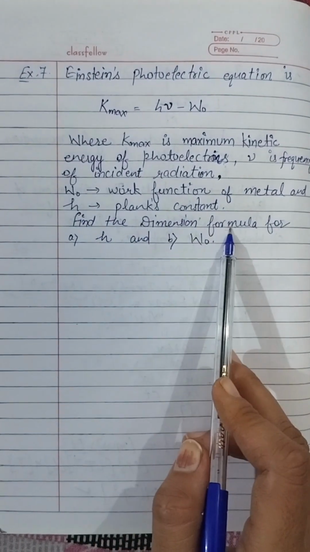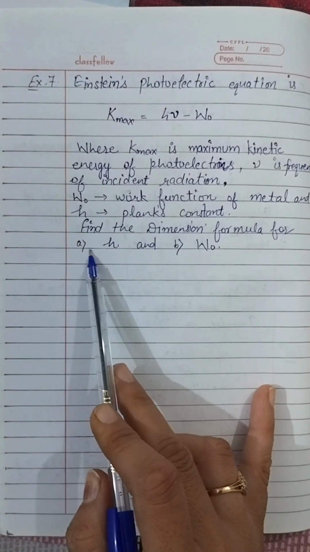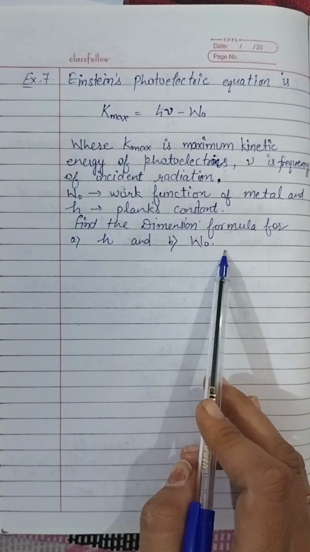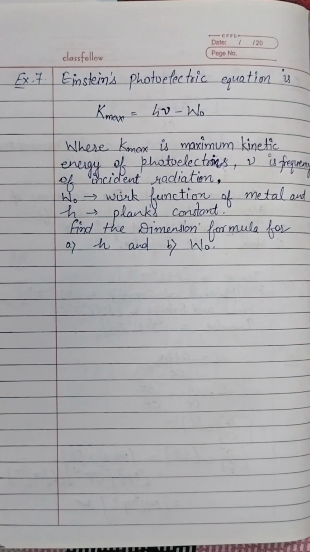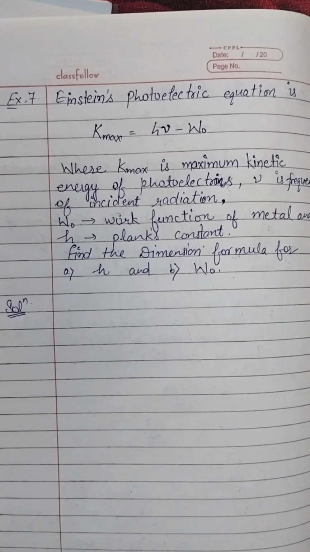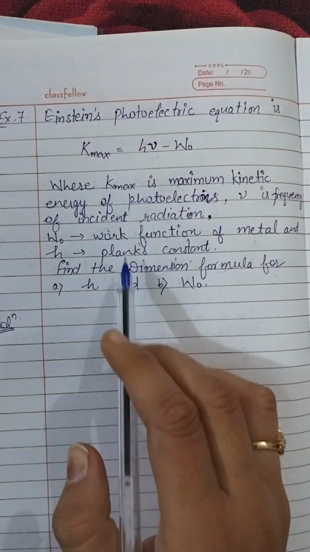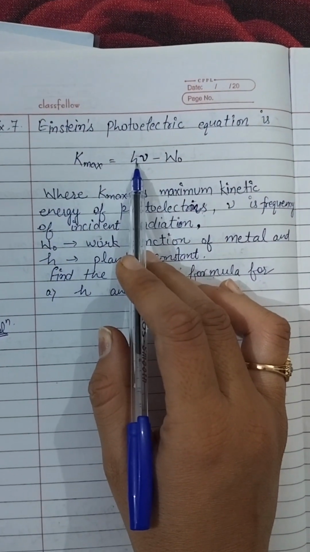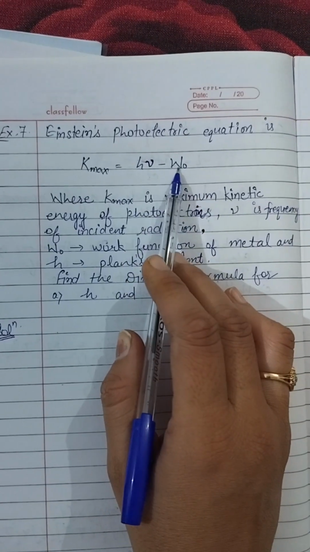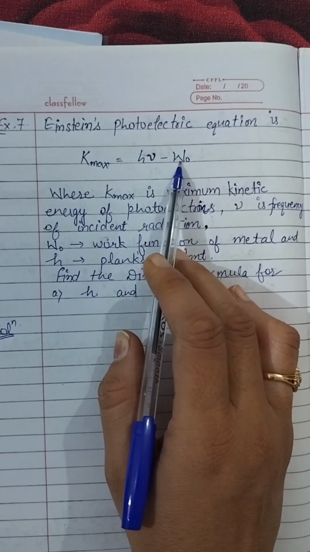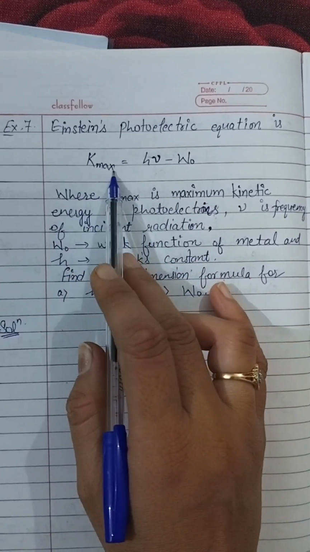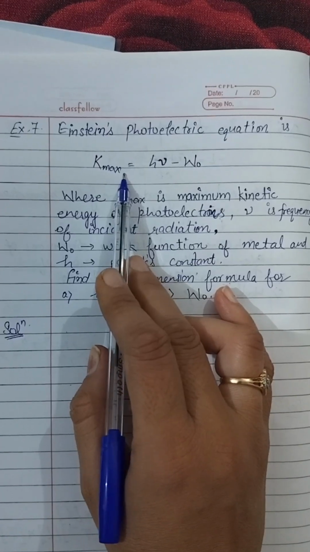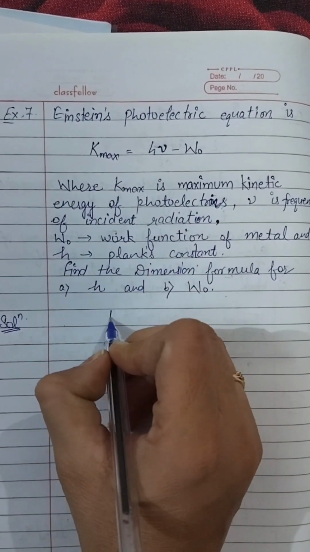Find the dimensional formula for h and W naught. We already know the dimension of h nu and the dimension of W naught are the same as those of K max.